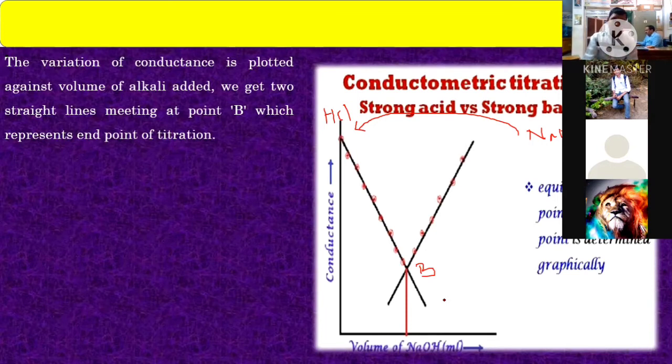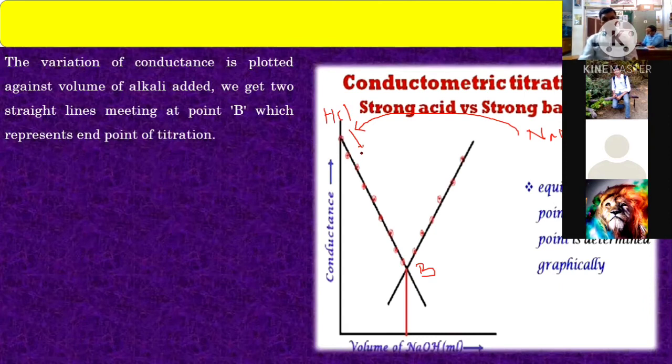The pH again increases in the electrolytic solution. Okay, here adding NaOH slightly to HCl, the pH is low, conductance becomes slow. Conductance here again, the rate of formation of ions is slow.